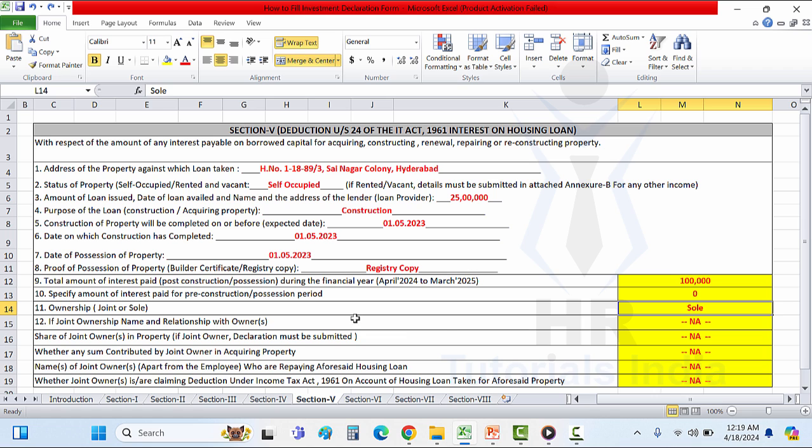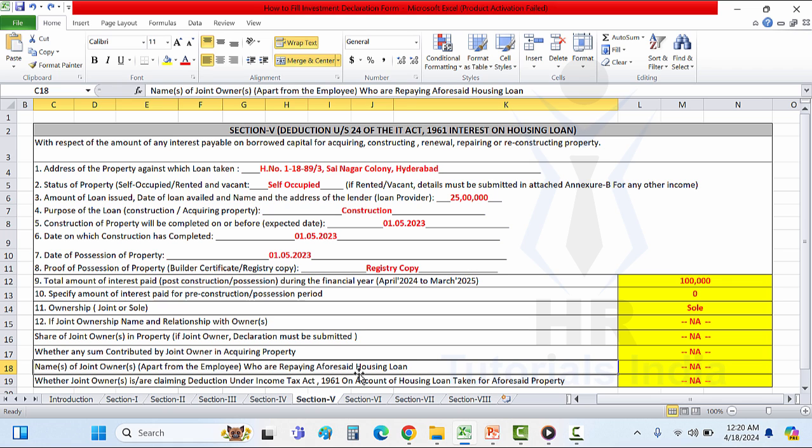Here it is sole, which means it's the property of a single person and not a joint property. If joint ownership, name and relationship of the owners: as it is a sole property, it is not applicable. Share of joint owners, if the property is jointly owned a joint owner declaration must be submitted: not applicable. Whether any sum was contributed by the joint owner in acquiring the property: not applicable.